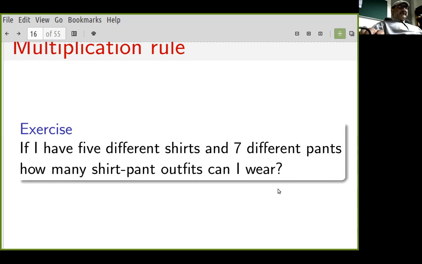The experiment is to pick a shirt and to pick a pant. Well, there are 5 ways to pick the shirt, and then there are 7 pants that I can pick in the next step of the experiment. If I put that together, then there are 35 possible outcomes to this experiment.